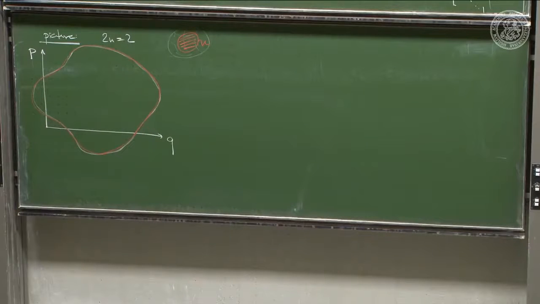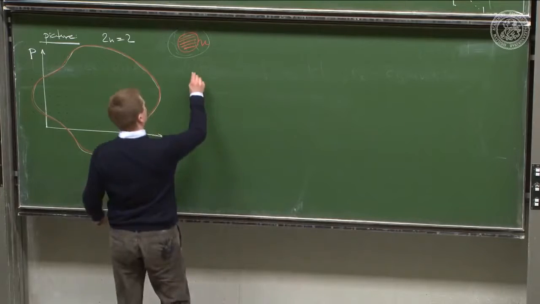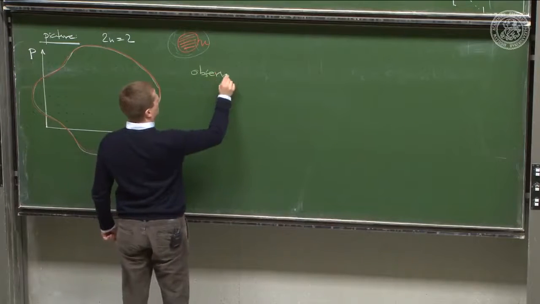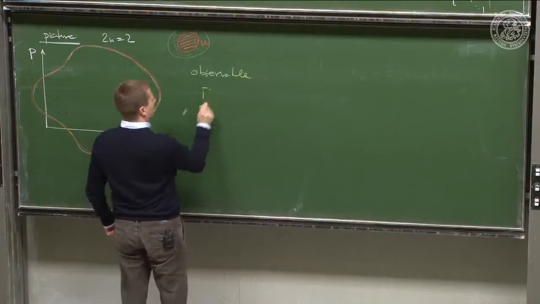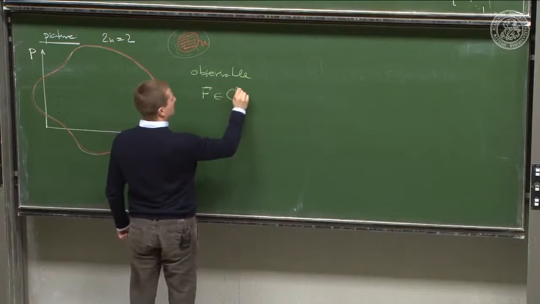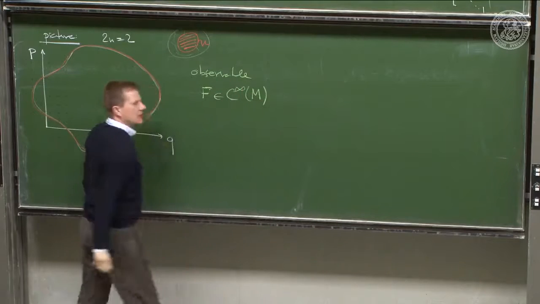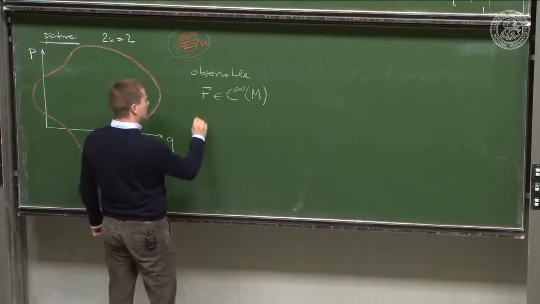Okay, so we have this, and now assume we have an observable F. So an observable, what is an observable? An observable is a smooth function on this manifold. So in particular, I can look at the level sets.